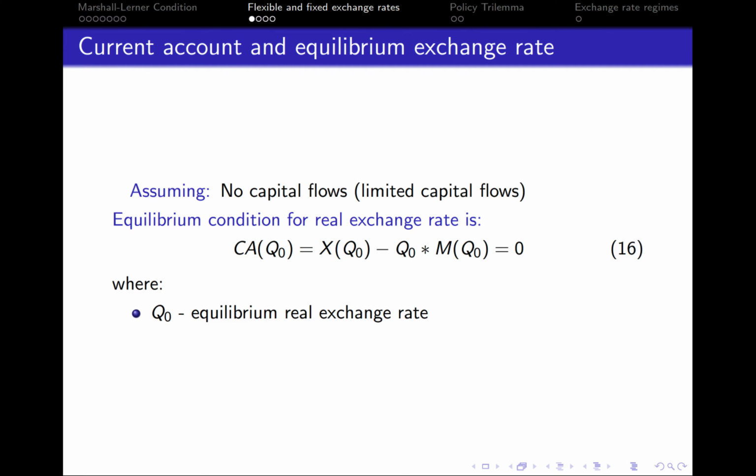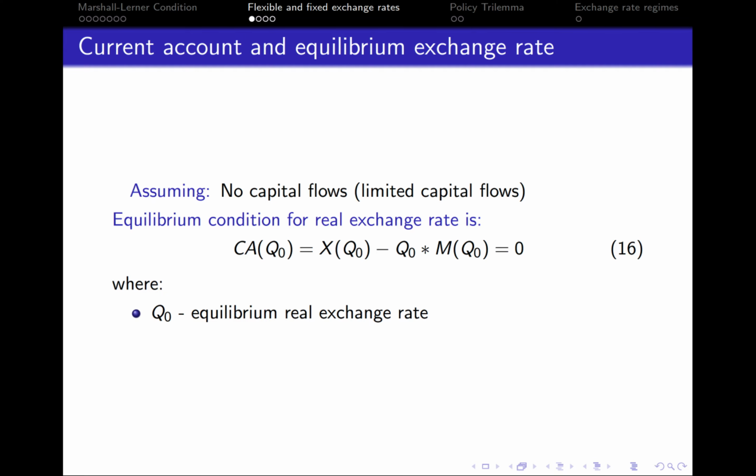In this case, the value of the exchange rate will depend only on how many of our domestic goods foreigners would like to buy, and how much foreign goods we would like to buy.